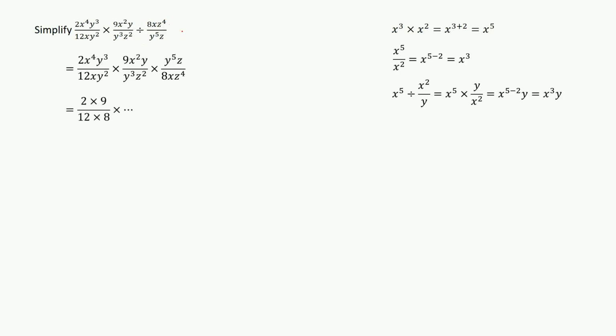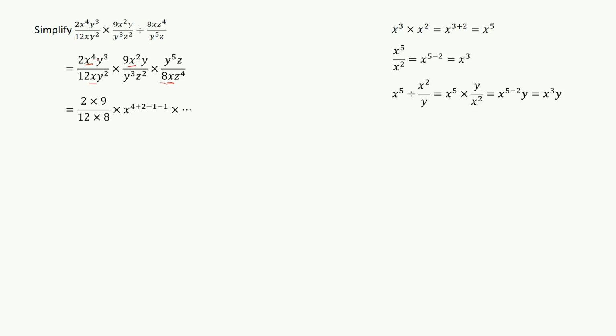First of all, I'll take all the numbers out. As you can see, the numbers at the front, you've got 2 and 9 on the top, and 12 and 8 on the bottom, and we'll put them together. Thinking about the letters now, when I'm putting the letters together, you can see that there's an x there, an x there, and there, and there. So I can apply the power rule to those.